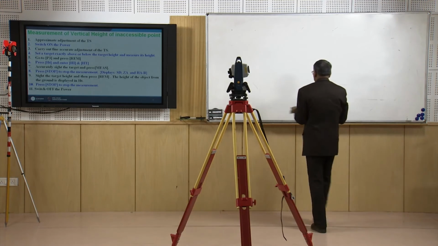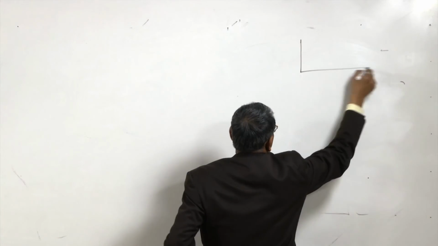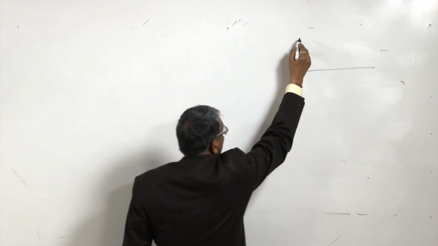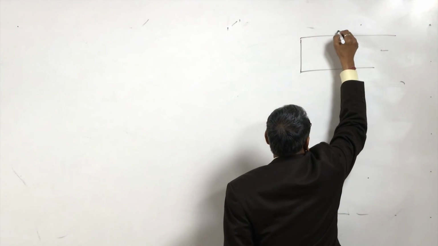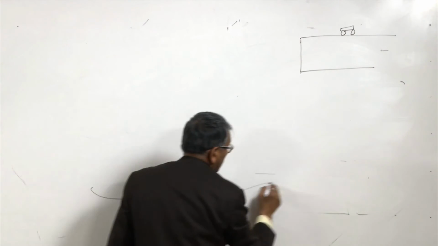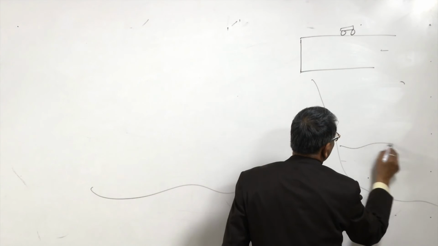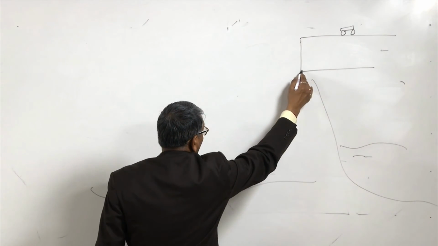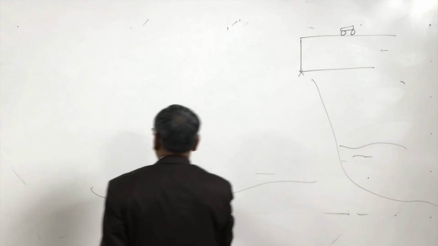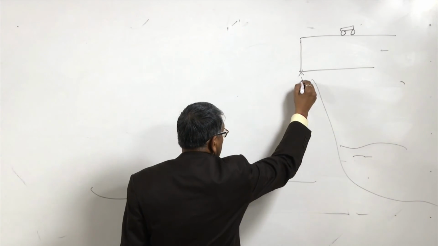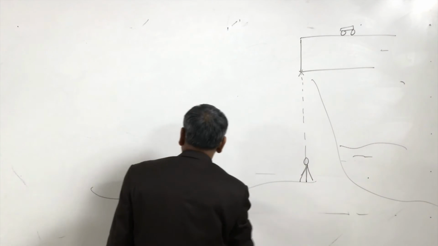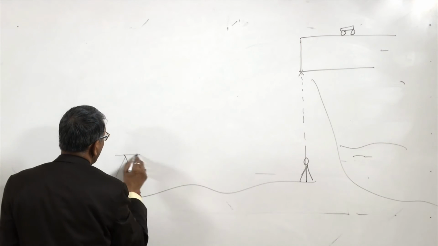So what happens, suppose this is the bridge, the corner of the bridge, the cars move here, we are here, this is the river. So we want to find out the height of the base of the bridge. What we need to do is hold our prism exactly below, and our total station is somewhere here.